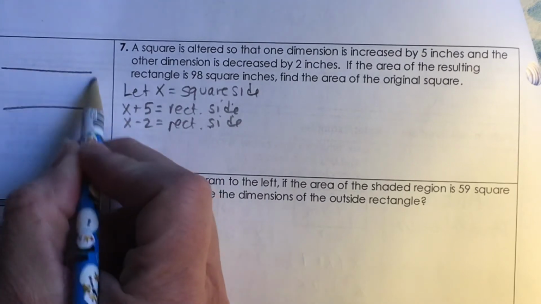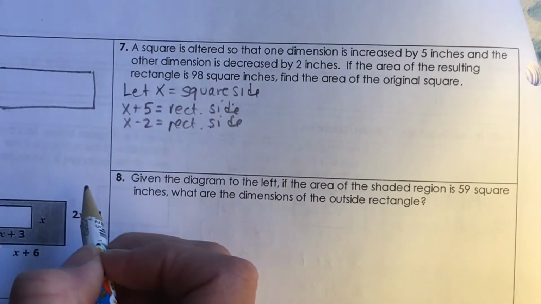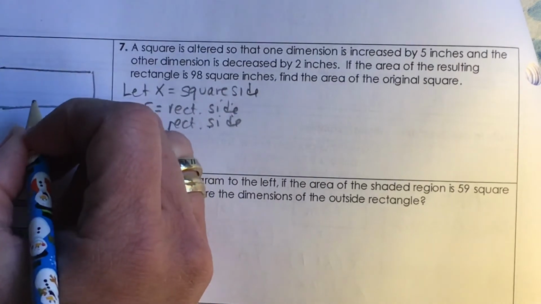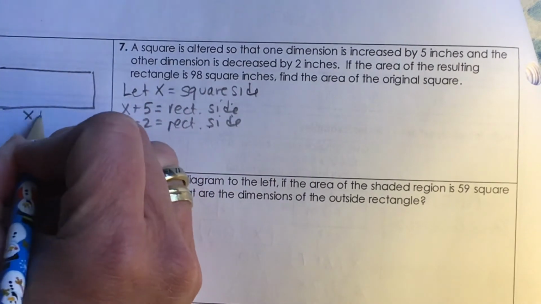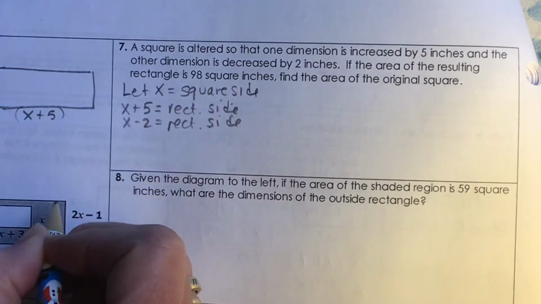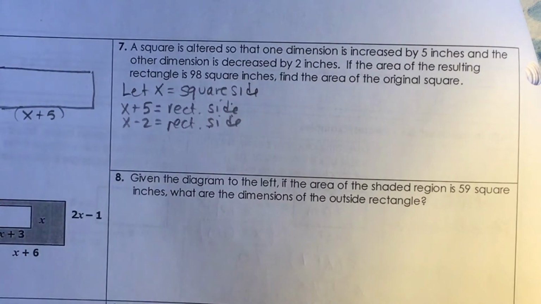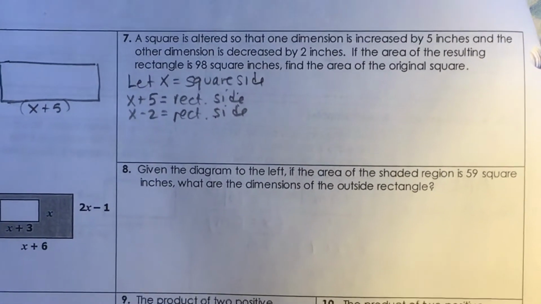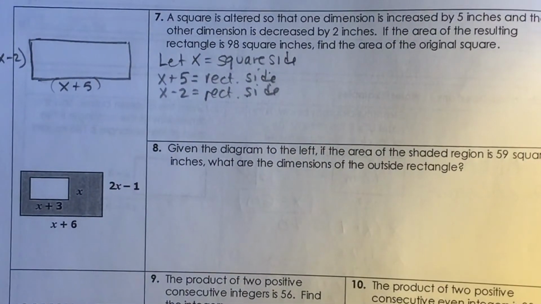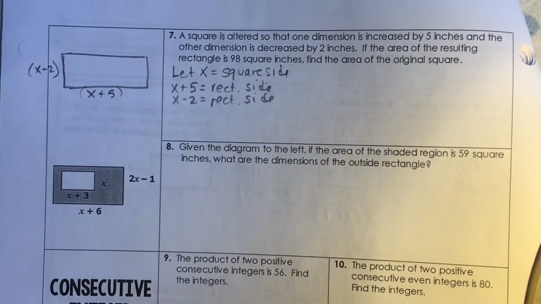I have a rectangle here. Okay. And let's see, I have on the bottom, let's make that one because it looks a little bigger, x plus 5. And let's make the side x minus 2. Oh, here. Okay, that's a little better.